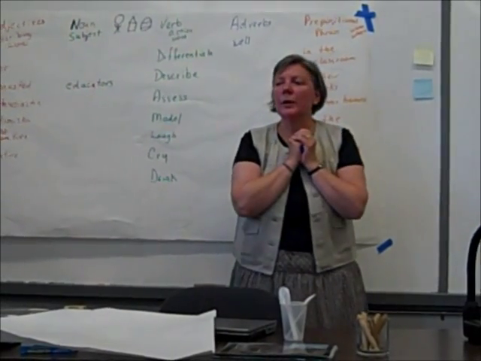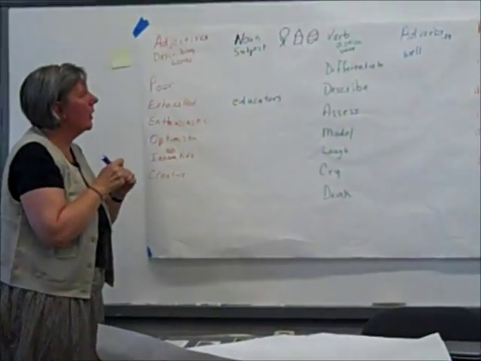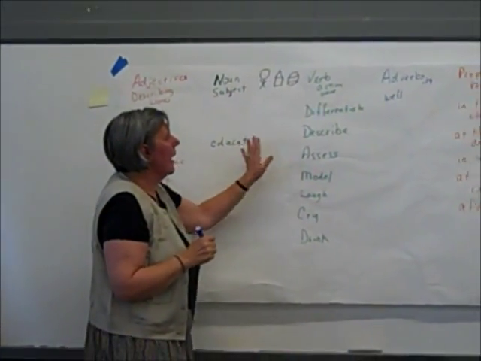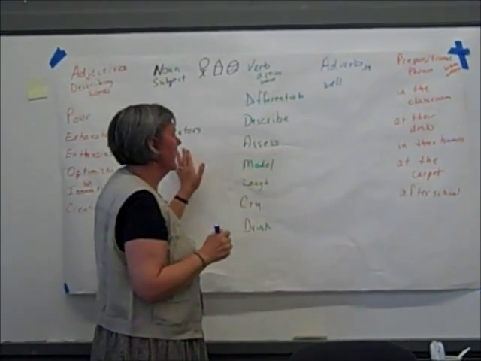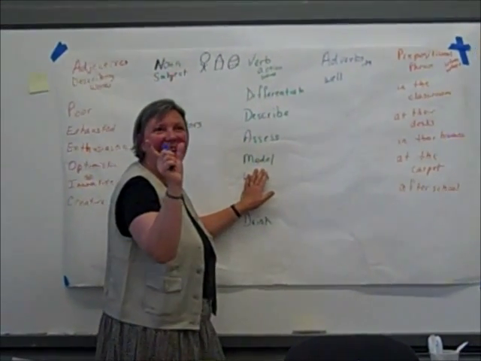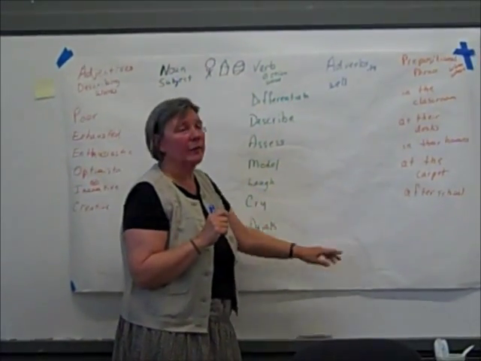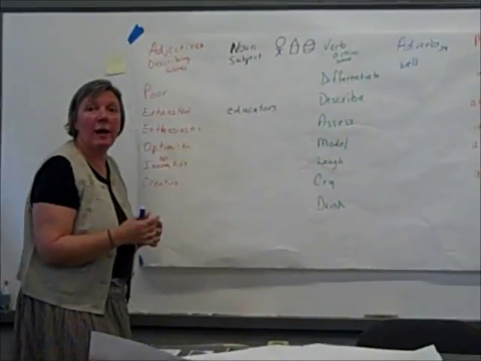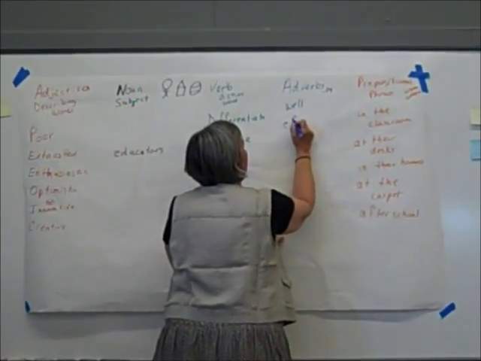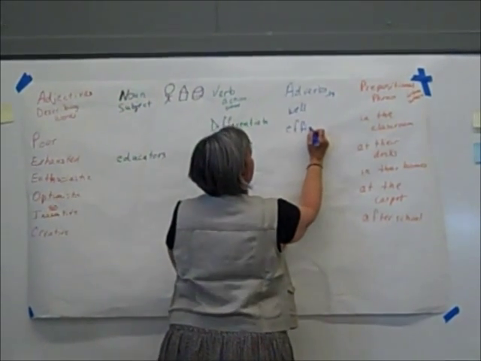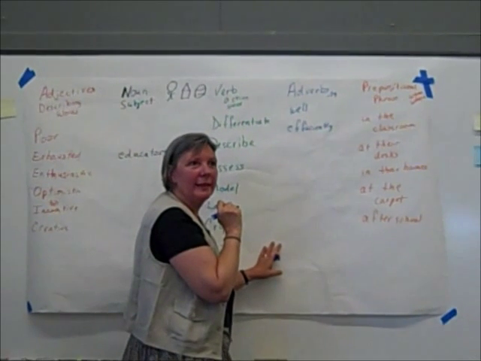So turn to your partner and tell your partner something that you do well. Talk about how educators describe, how do they assess, how do they model? Go ahead and talk to your partner about coming up with adverbs. So quickly, softly. Another adverb.